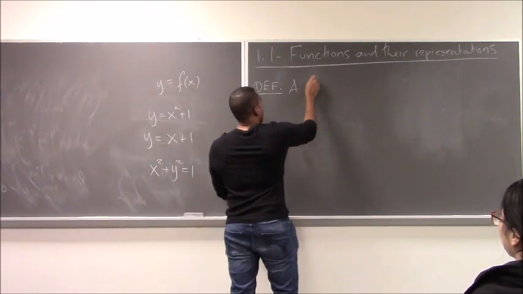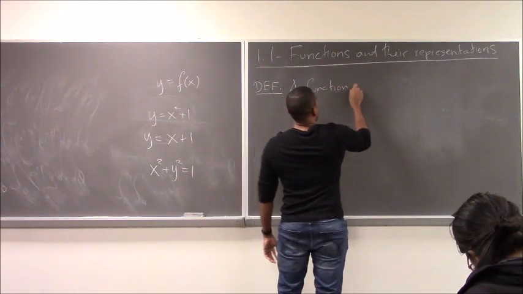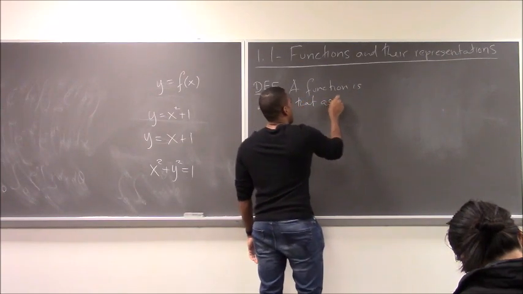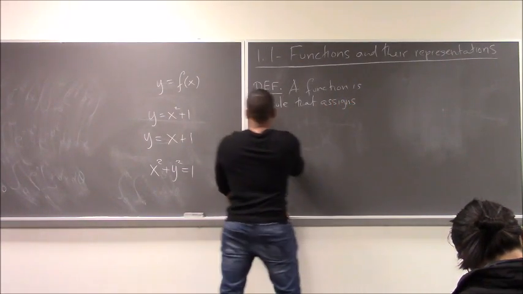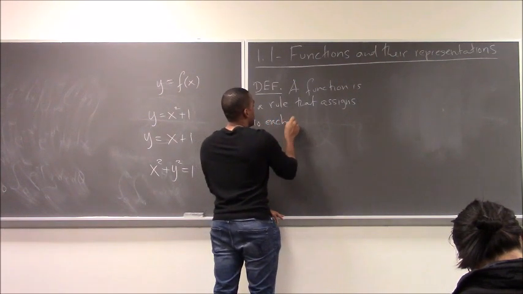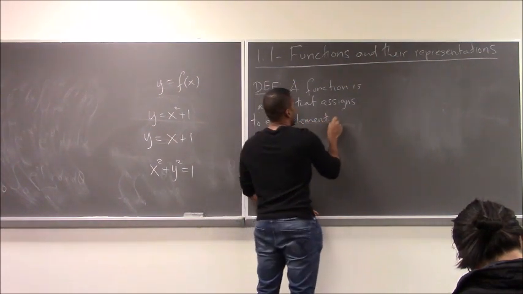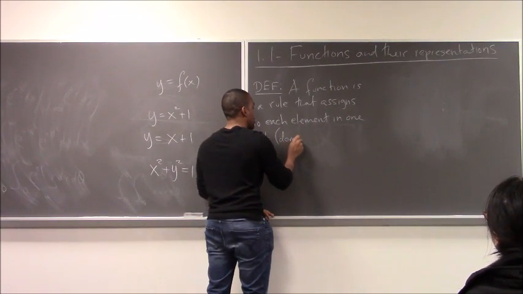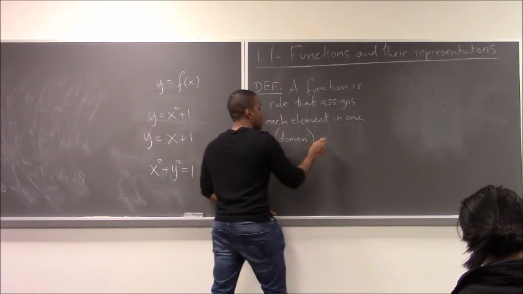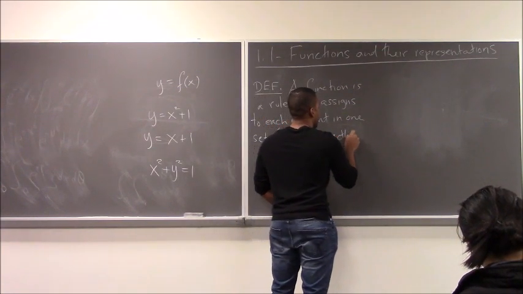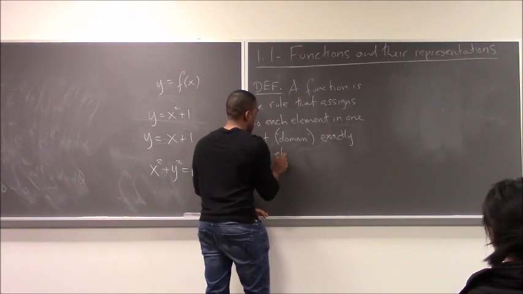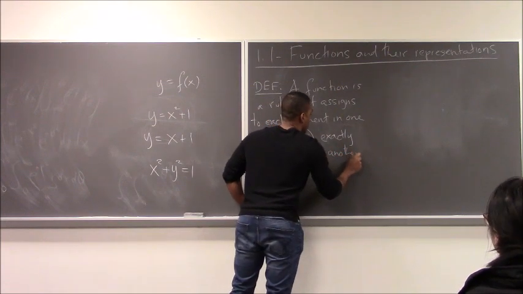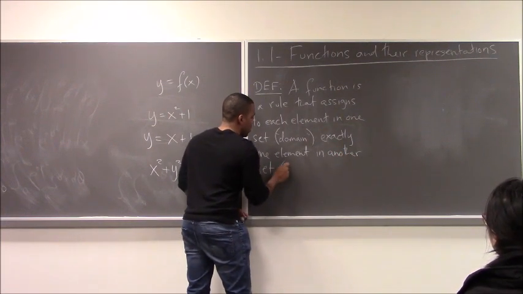So a function is a rule that assigns to each element in one set, which we call the domain, exactly one element in another set, called a codomain.